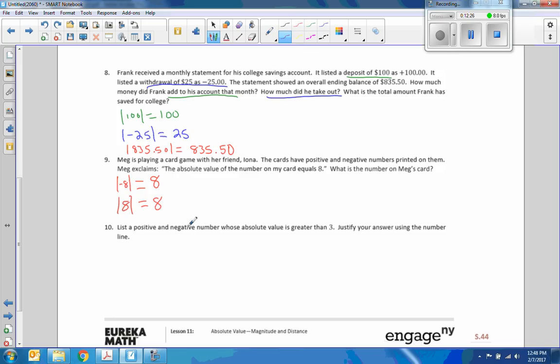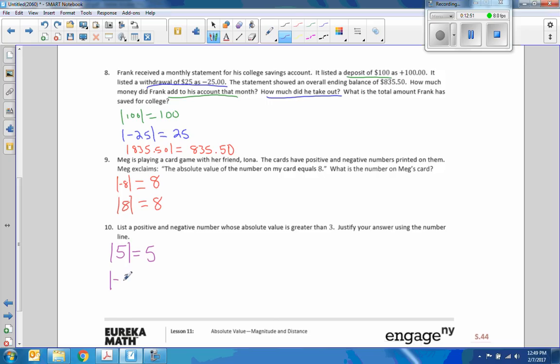Number 10. List a positive and negative number whose absolute value is greater than 3. Okay. Justify your answer. Well, let's see. A positive number and a negative number whose absolute value is greater than 3. So if I start with a number, say 5, take its absolute value. The absolute value of 5 is 5.